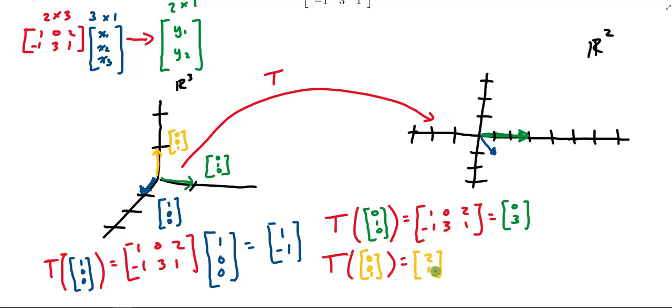I actually didn't do the computation for this last vector, I just knew that it was going to give me the third column of my original transformation matrix. So let's go plot that.